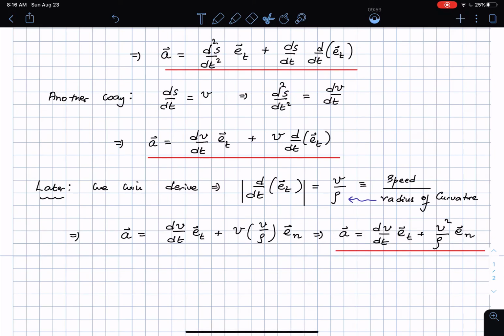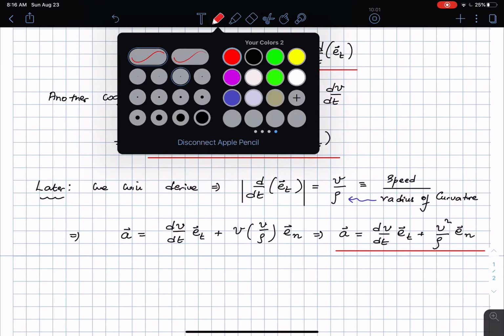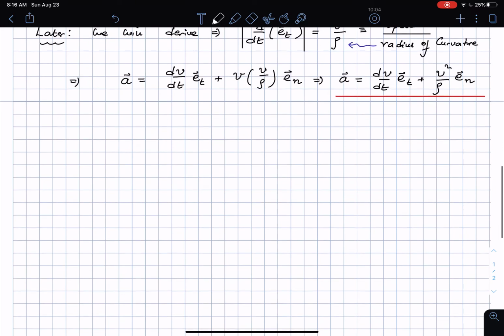So in summary, the velocity vector v is going to be ds by dt times e_t. Now this ds by dt can be written in a shorthand notation as s dot. This is called the dot notation of writing the first and the second time derivatives.